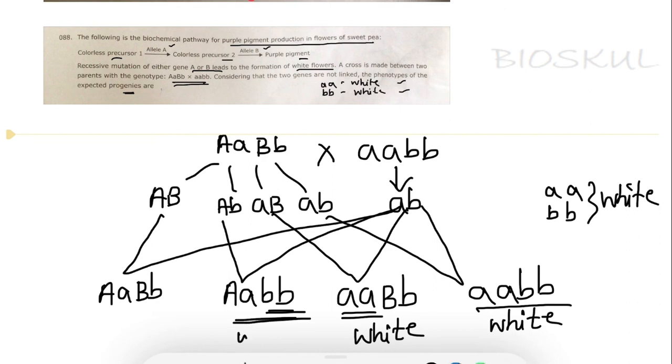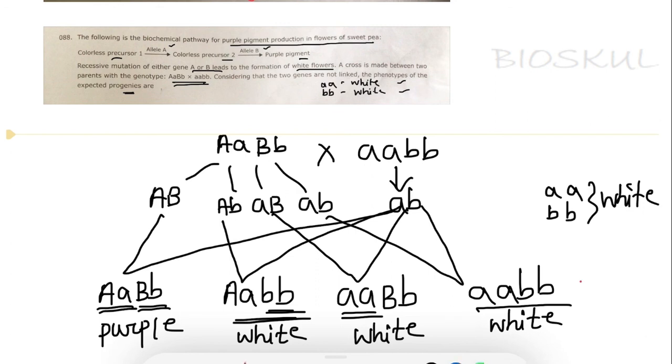Here B is mutated, that means this one also leads to white color flowers. But here both the A and B genes are in dominant form, so this one will lead to the end product of the biochemical pathway, that is the purple pigment, right? So it will lead to purple pigment.